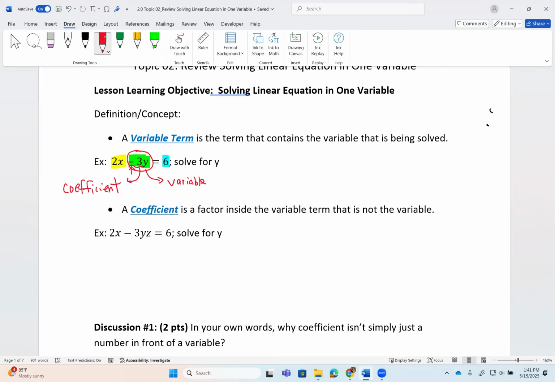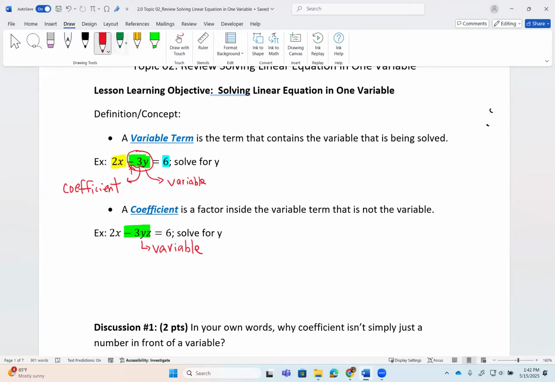So same exact equation, except I'm adding another variable: 2x minus 3yz equal to 6. I want to solve for y. So once again, my variable term is negative 3yz, right? Because that term contains the variable that I'm solving. So y is the variable. Remember now, a coefficient is a factor or factors inside the variable term other than the variable itself.